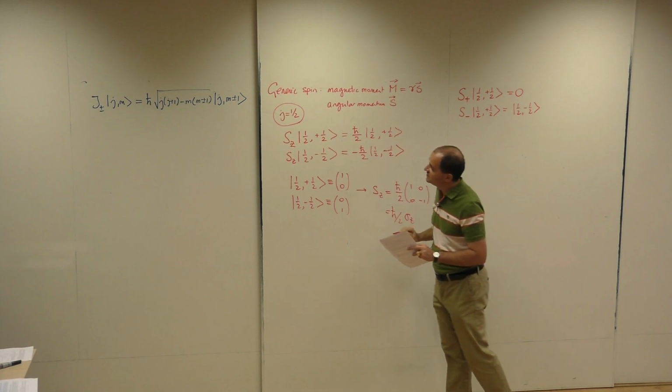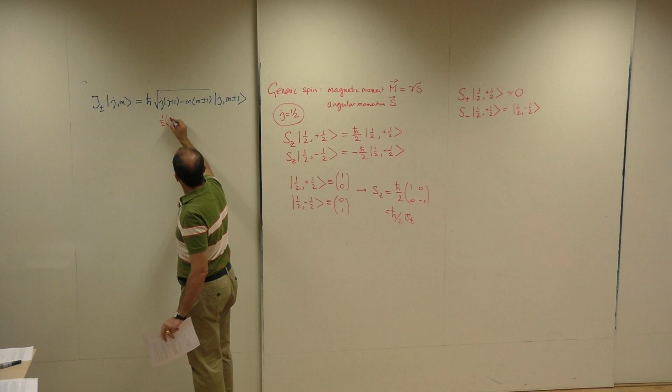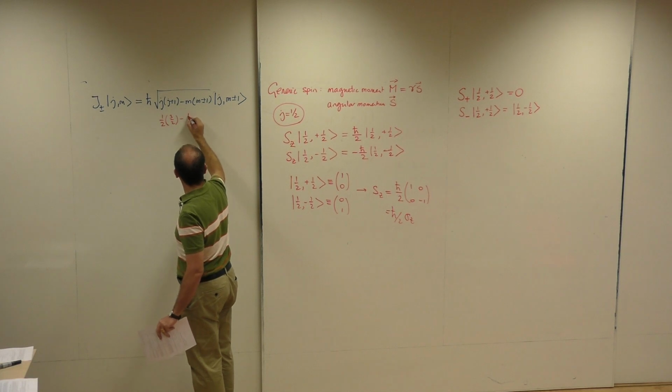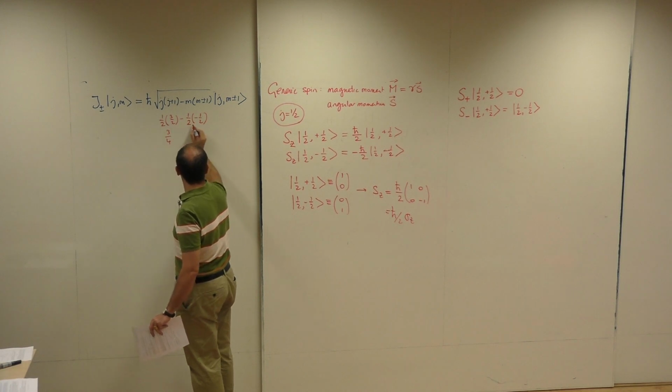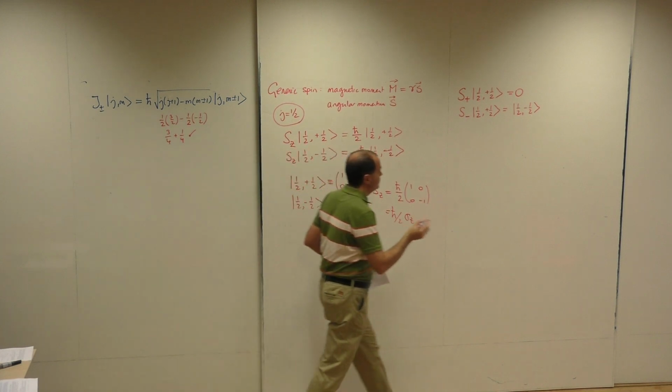The coefficient is given there. Let's see if we're able to compute it. We get 1/2 plus 1, which is 3/2, minus m. m was plus 1/2, and we are applying the minus operator, so it's 3/2 minus 1/2 times m minus 1, which is 3/4 plus 1/4. So it's equal to 1. Well, h bar.